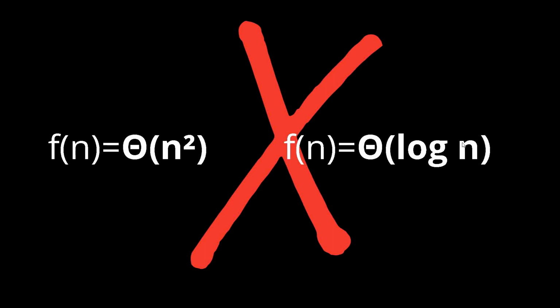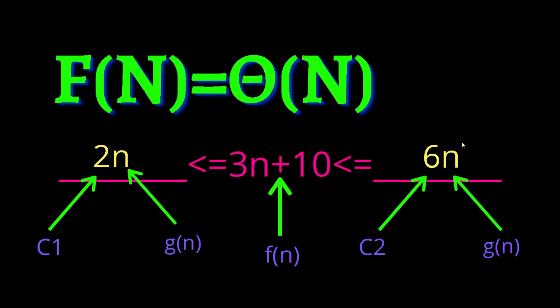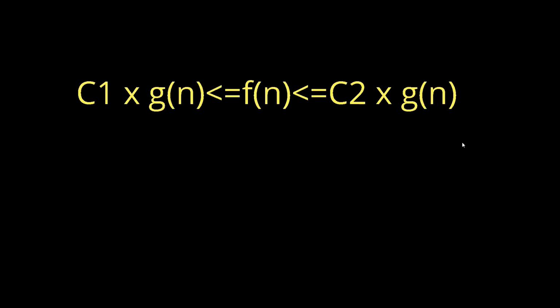You can go neither lower bound nor upper bound. If the value of f of n is theta of n, it is theta of n itself. You cannot say it is theta of n squared, you cannot say it is theta of 1. If f of n is theta of n, it is theta of n and nothing else.